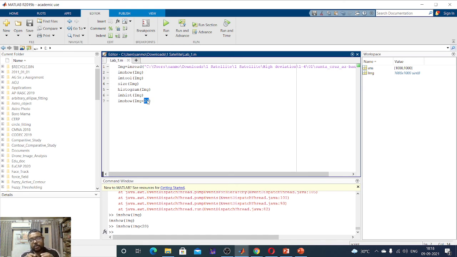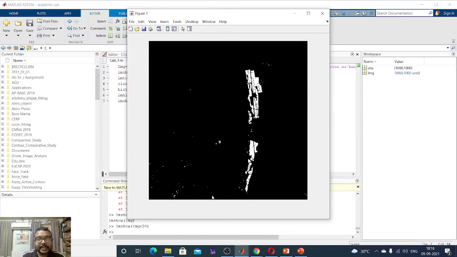When I am selecting the pixels from this image, I am selecting only the river region. It is the black region, so its pixel value is 20.